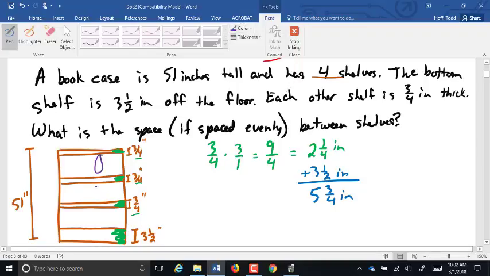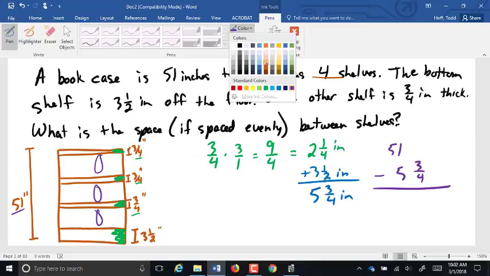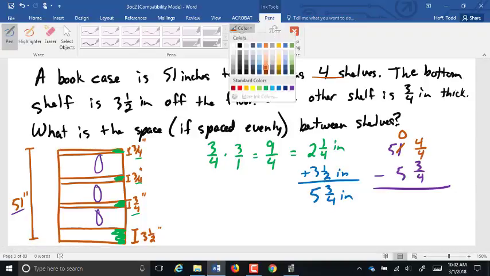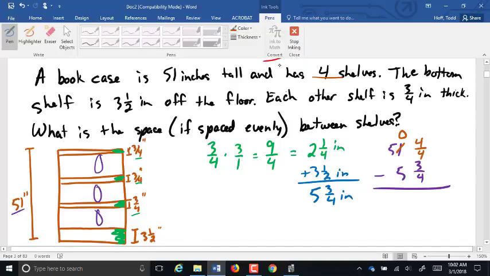So the total amount of space is the whole thing, 51 minus 5 3/4. Well, how do we subtract that fraction from a whole number? Well, we borrow from this 1, makes it a 0. The 1 that we borrowed is 4/4. So instead of 51, we write it as 50 4/4.